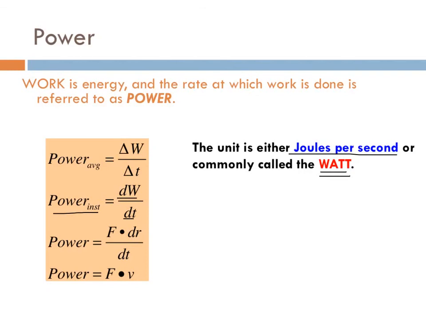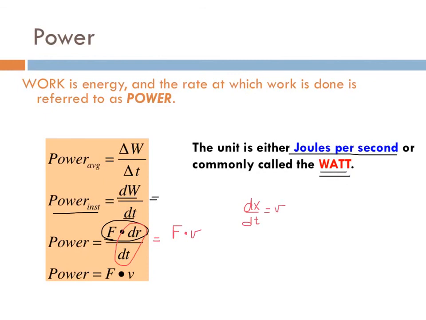Now, remember that work can also be written as the dot product of force and displacement. So if we rewrite the top part as F dot r, we can see this piece right here, dr over dt, which if you replace r with x, which again is just displacement, then this becomes F dot v, because dx over dt is equal to v.